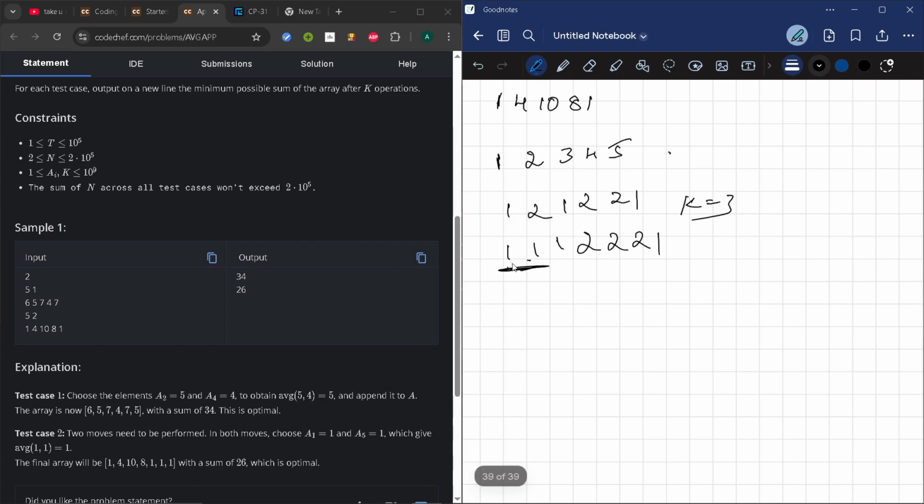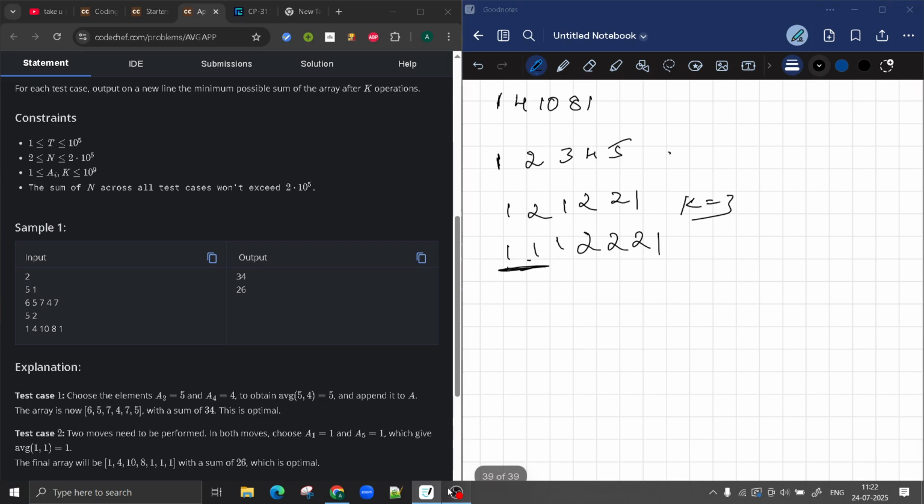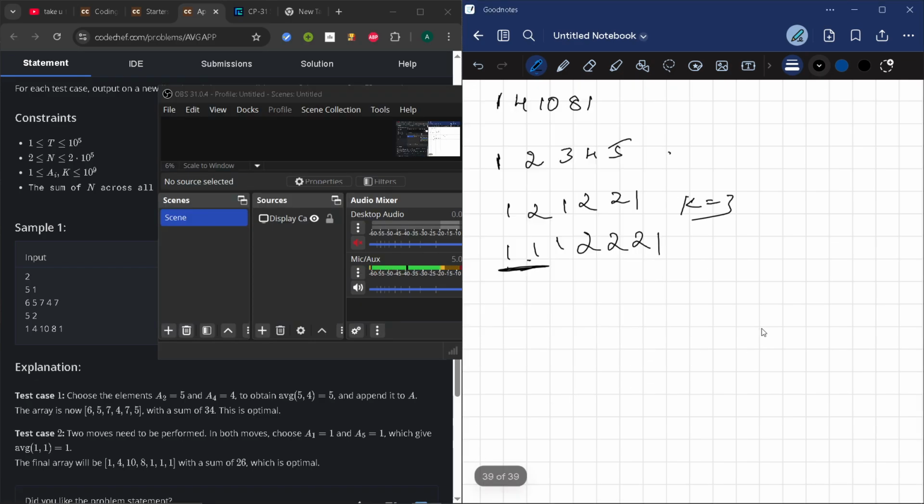What we need is the minimum possible sum. The simple solution was just sorting and taking the two numbers which will give me a minimum sum.